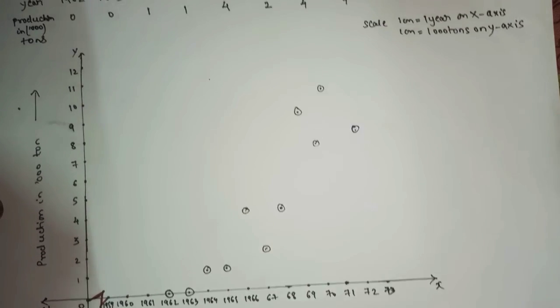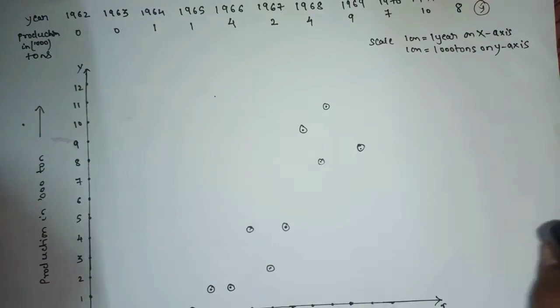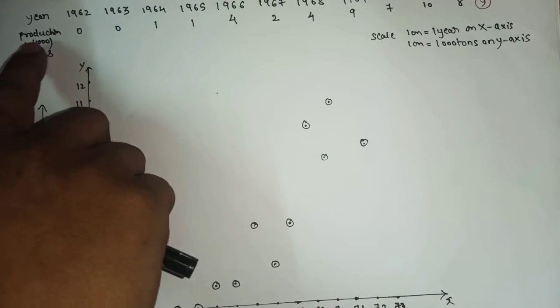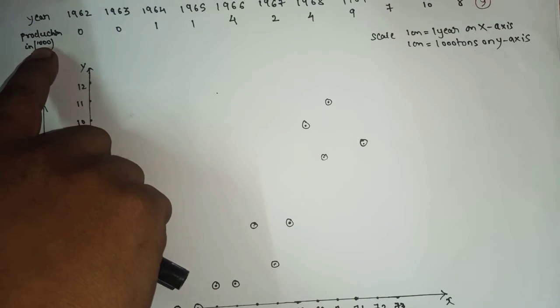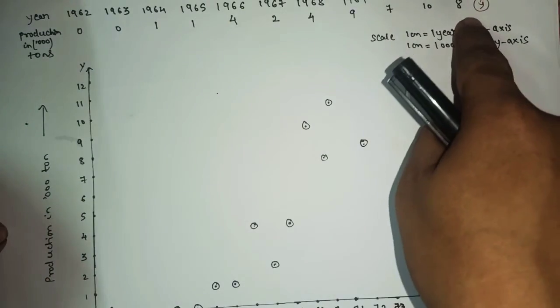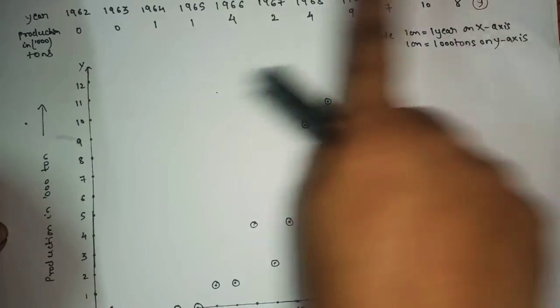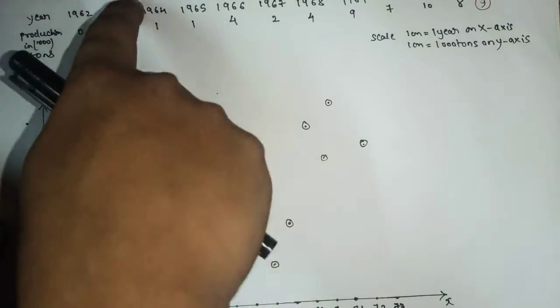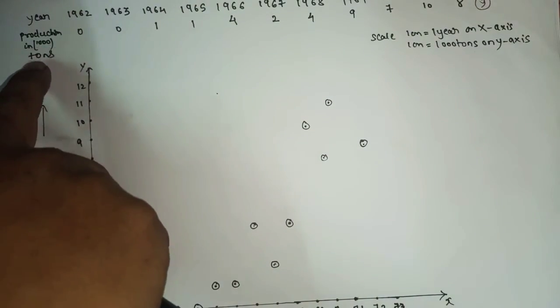Then on the y-axis you will write the production. Now listen here, the production is given in 1000 tons, and the single digit indicates the production for the particular year in 1000 tons.